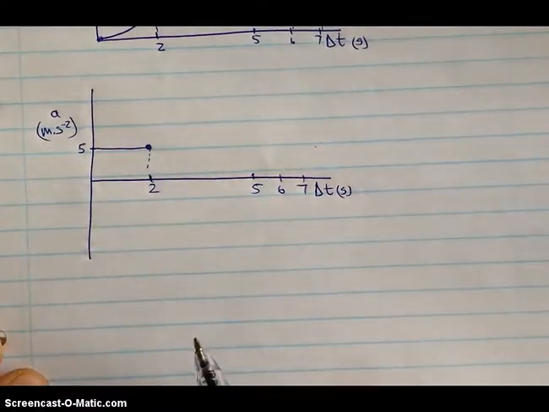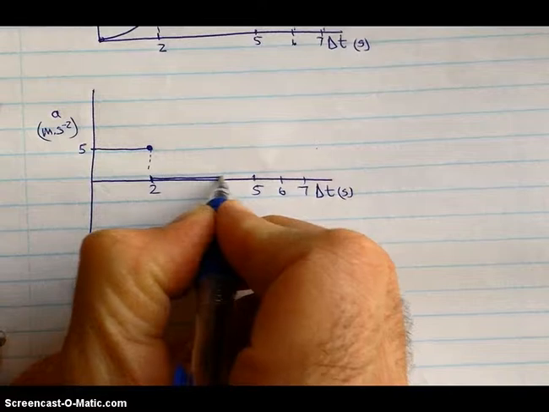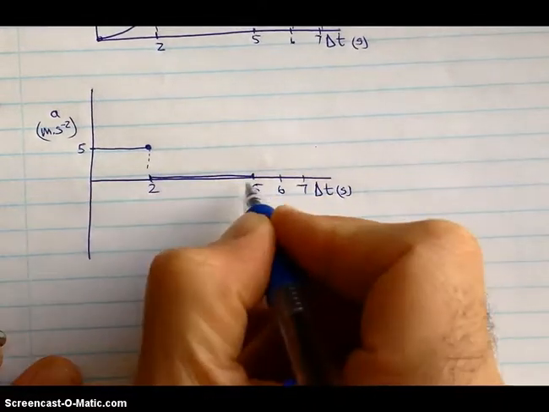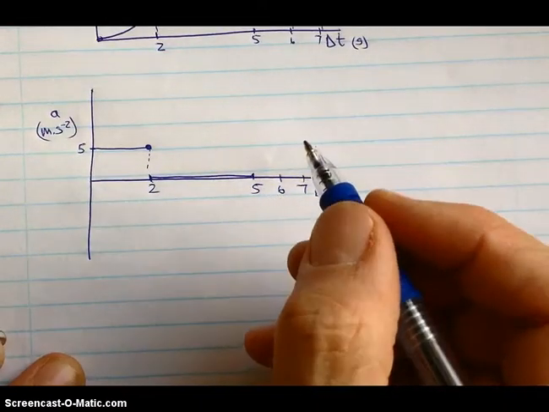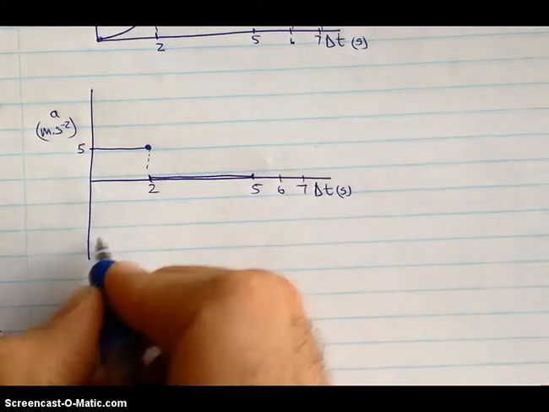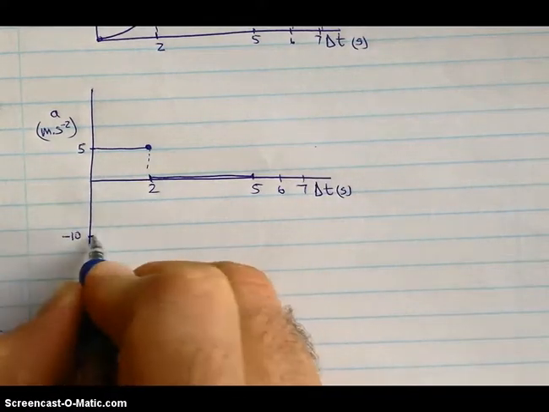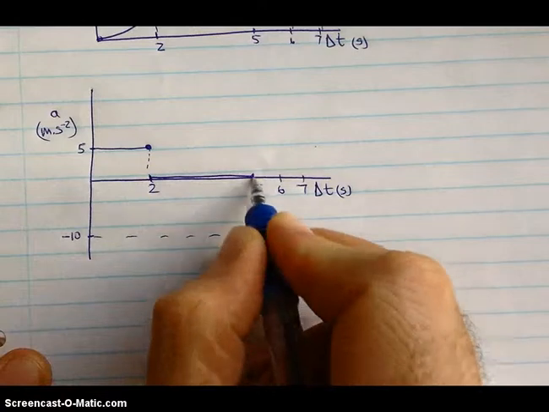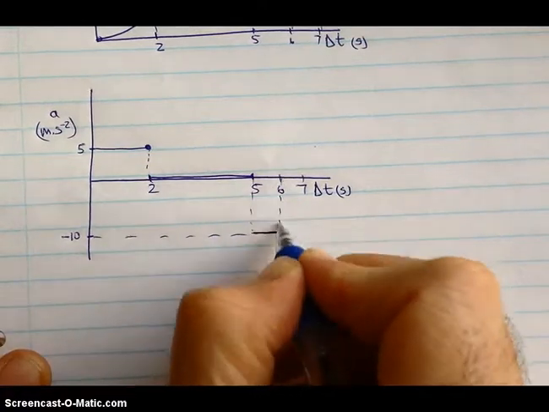Then the next part is constant velocity, so he's going to be on the time axis. The next second is negative acceleration of 10 over 1, so it's going to be a deceleration of minus 10. So it's going to be that part.